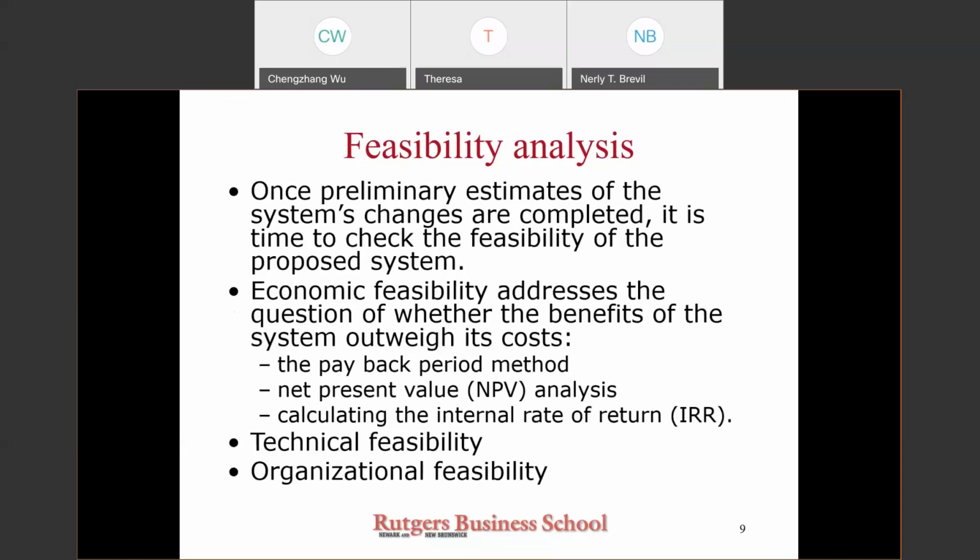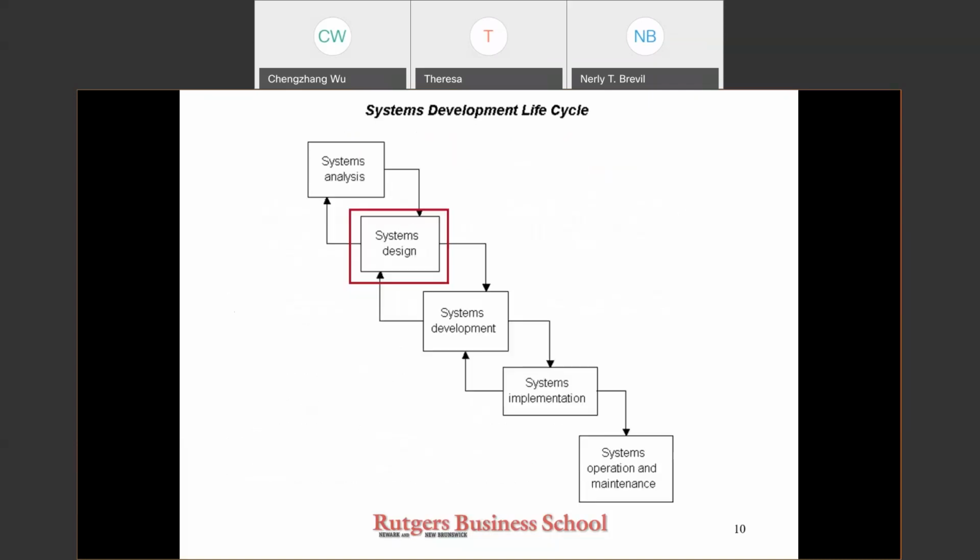Both outflows and inflows associated with the new system must be estimated over the life of the system. System design.